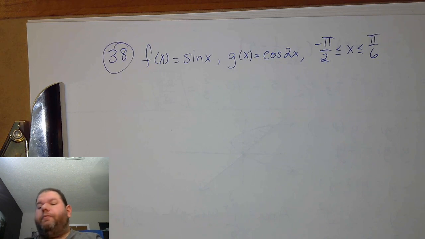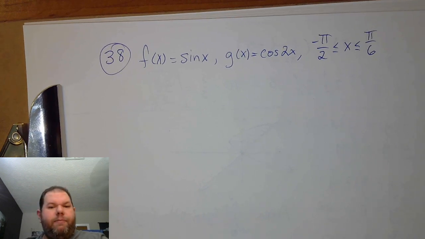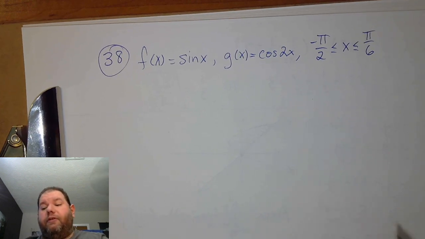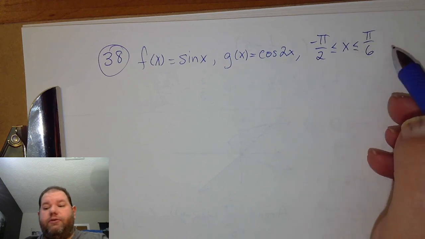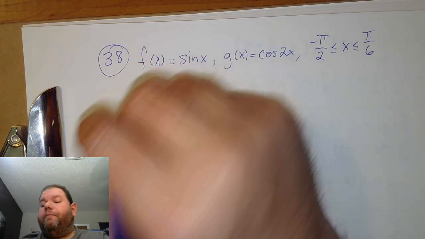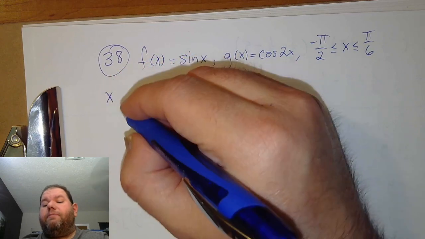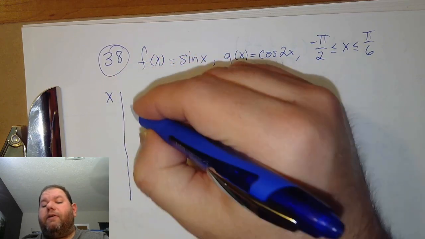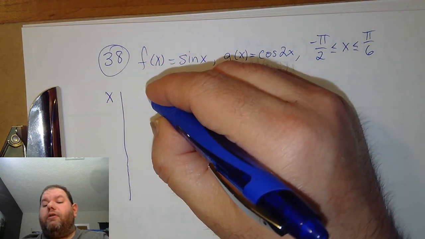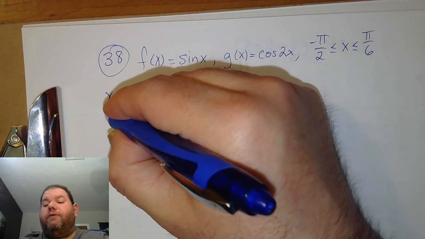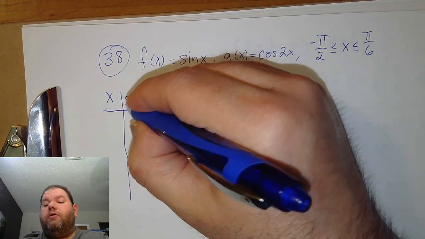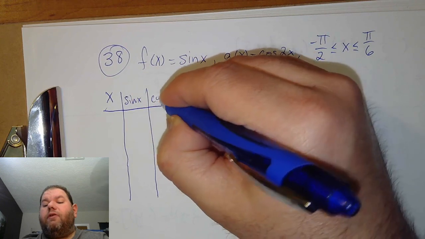And so, one of the things I recommend when it comes time to graph this, especially when we're given limits like this, which is nice, I would suggest we set up just a basic chart where we can fill in some values just so we know what each of these are doing.